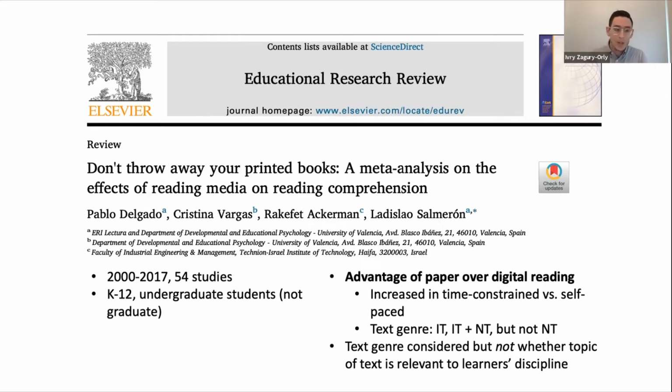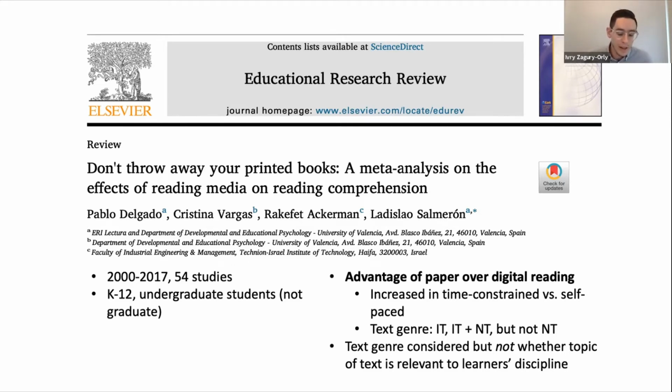Their population was kindergarten through grade 12 students, and it also included some undergraduate students, but no graduate students. They found this advantage of paper over digital reading. Small advantage, but still significant. And they found that it increased in time-constrained settings versus self-paced settings, and that the text genre mattered.